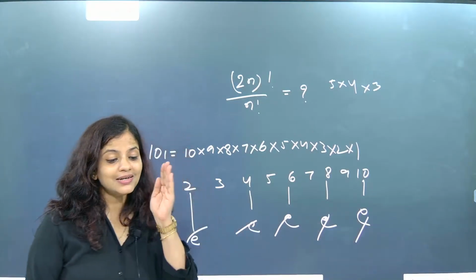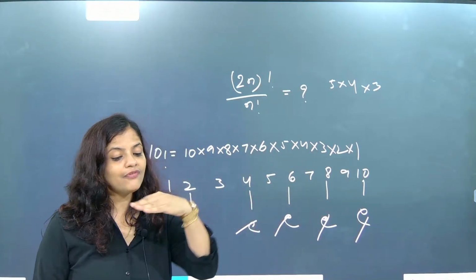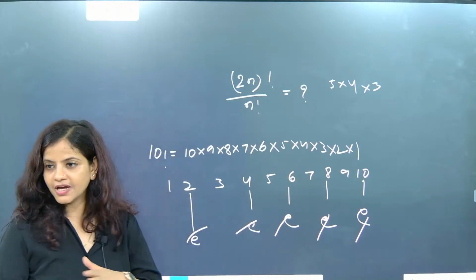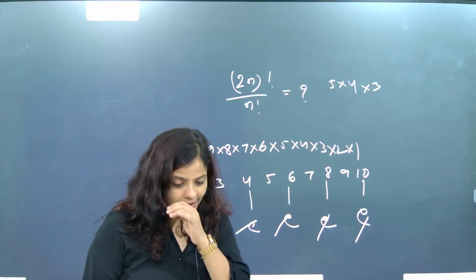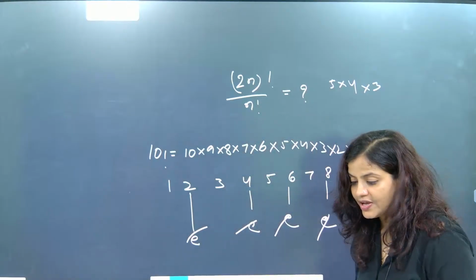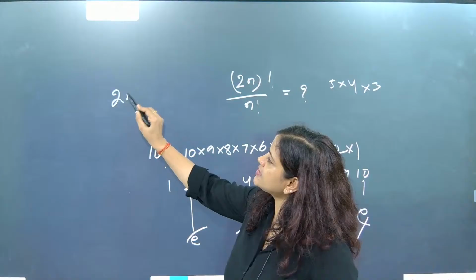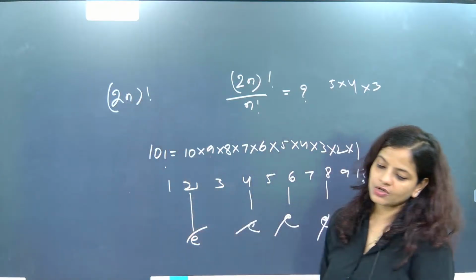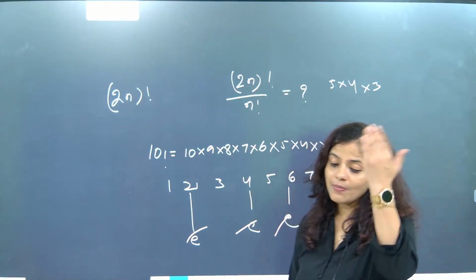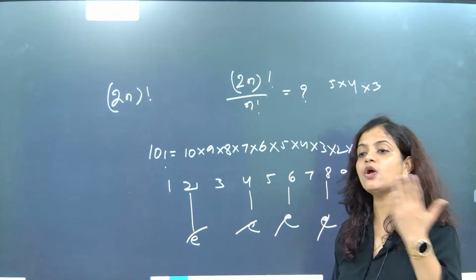So in total 10 numbers, 5 numbers are even and automatically 5 numbers will become odd. Correct? In the same way, if somebody will ask you 2n numbers are there, 2n factorial, then how many numbers will be even and how many numbers will be odd?